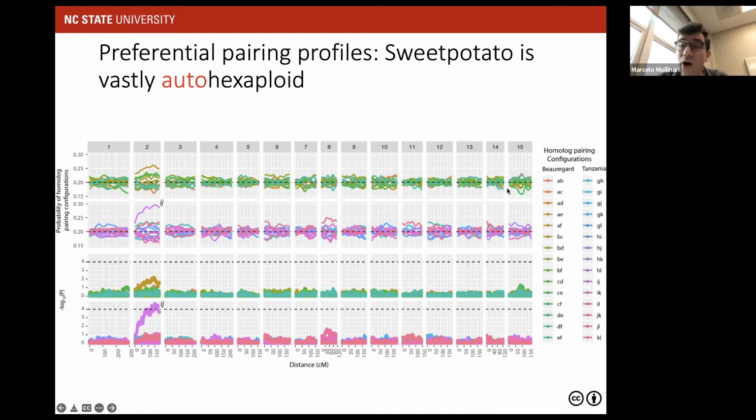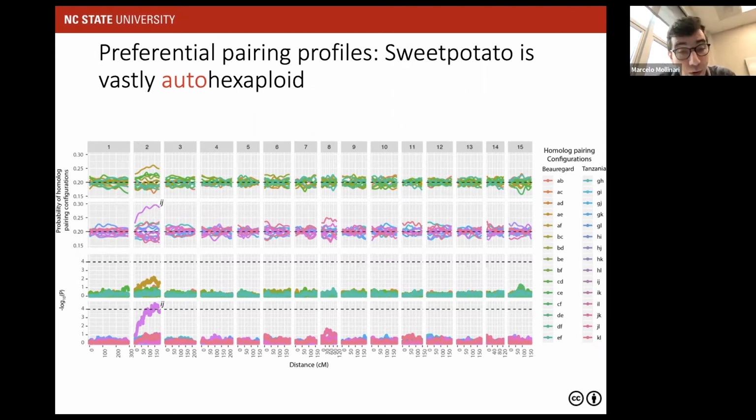And here we have all possible combinations of our homologs. These are our bivalents. And here, as you can see, we just have one possible configuration that is more likely, but actually we have the reciprocal, and we noticed that this is something just in this data set. Probably this is something spurious, but what we can say is that in terms of segregation, sweet potato is vastly autopolyploid.